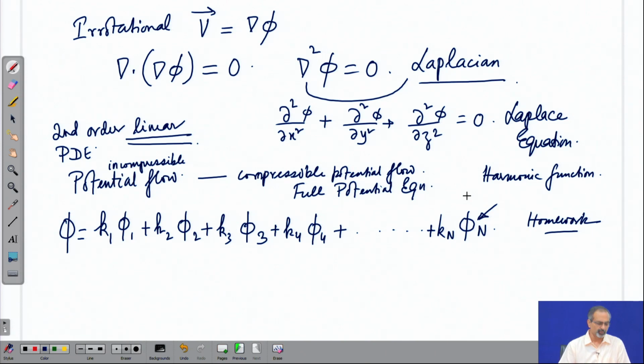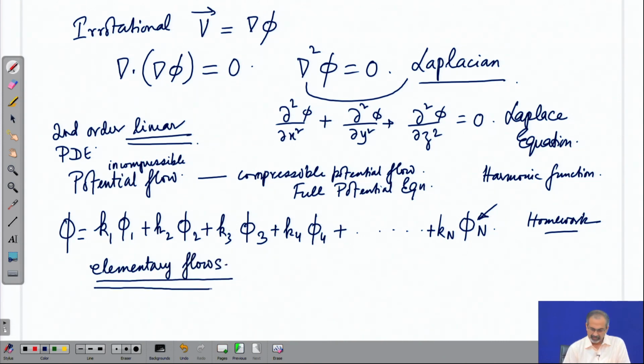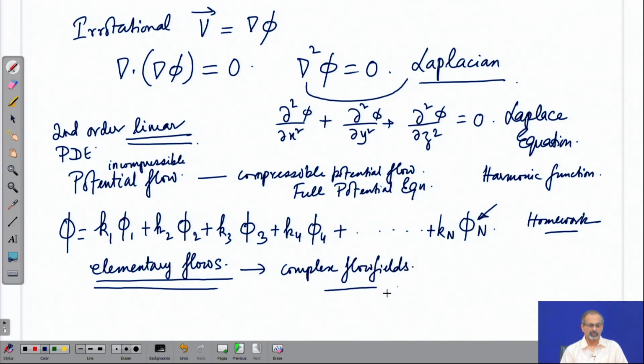So, this is a kind of superposition property, which is very important, because when we look at incompressible flow fields in the irrotational sense, then we can superpose some of these so called elementary flows and ultimately deal with more complex flow fields. We will see in due course how this basically works out.